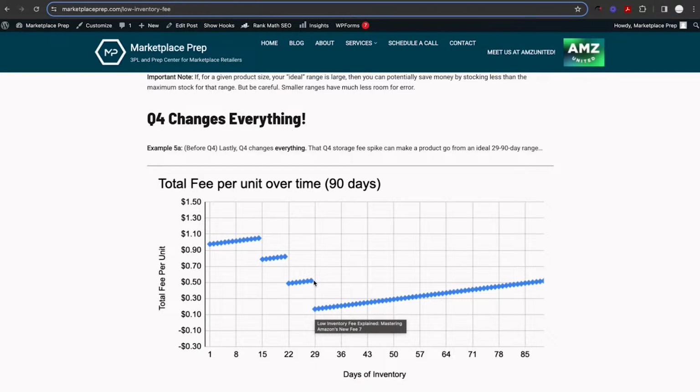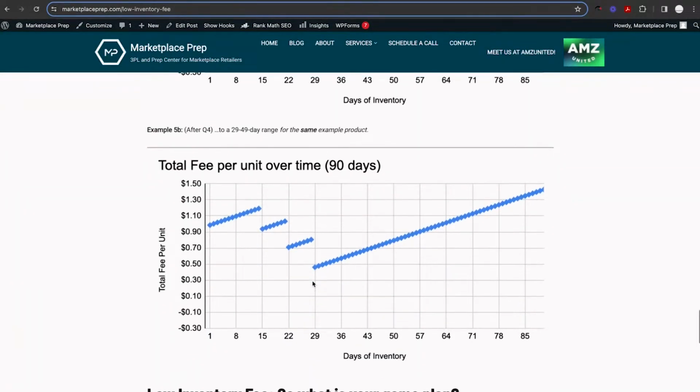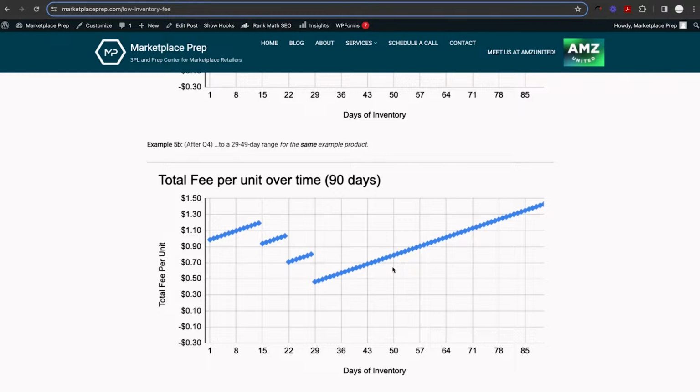But in Q4, that changes from 90 days to 49 days because storage fees increase dramatically. So now you take all the information you just learned, apply it to your whole year, and then shrink it to make it even more precise in Q4 because your Q4 daily storage fees are substantially higher than the rest of the year.